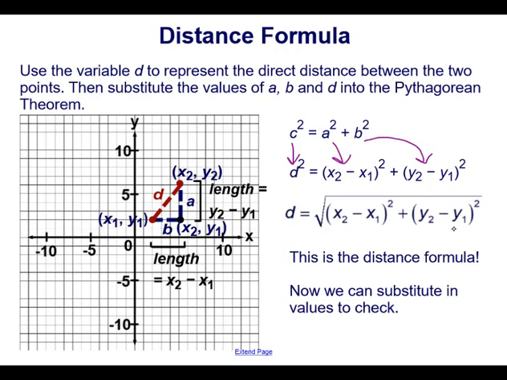We gave the more broad point values of any x value x1, any y value y1, and any x value for x2 and any y value for y2. This can be used for any 2 points, x1, y1, and x2, y2. But we can substitute in the actual values to check and just make sure that it works.